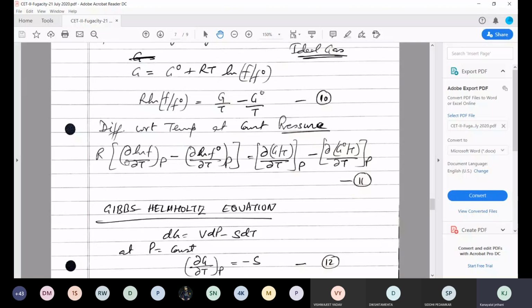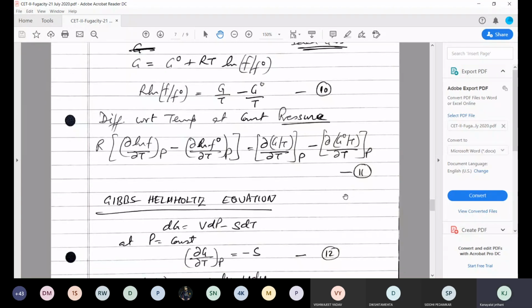So what you get is R ∂ln F/∂T at constant pressure minus, because ln F by F0 means ln F minus ln F0, so minus ∂ln F0/∂T at constant pressure is equal to ∂(G/T)/∂T at constant pressure minus ∂(G0/T)/∂T at constant pressure. ठीक है, इक्वेशन 11 समझ में आया?